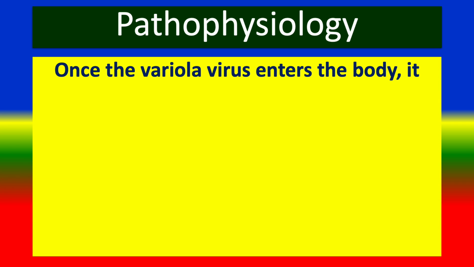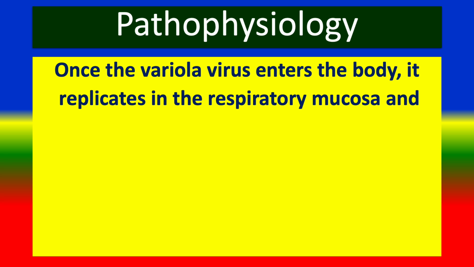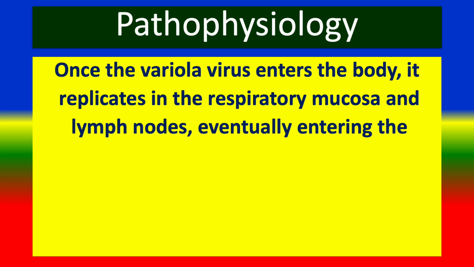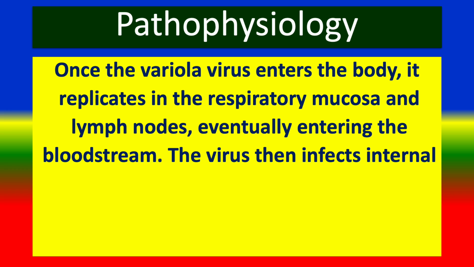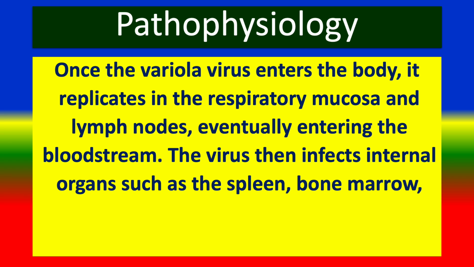Pathophysiology. Once the variola virus enters the body, it replicates in the respiratory mucosa and lymph nodes, eventually entering the bloodstream. The virus then infects internal organs such as the spleen, bone marrow, and liver.